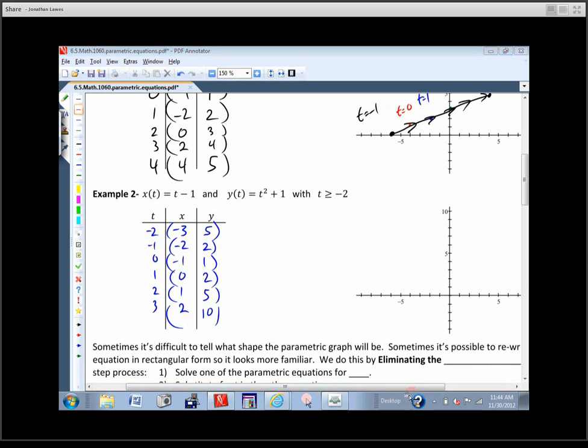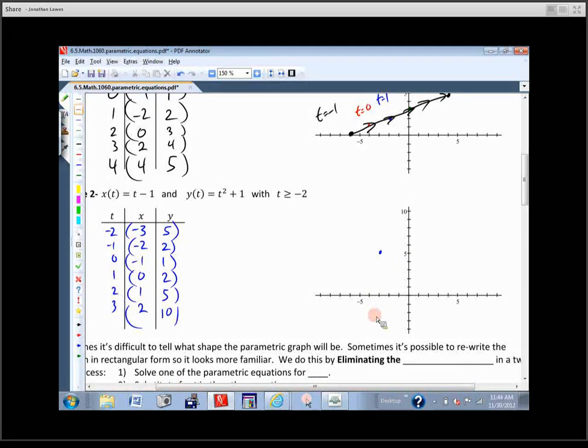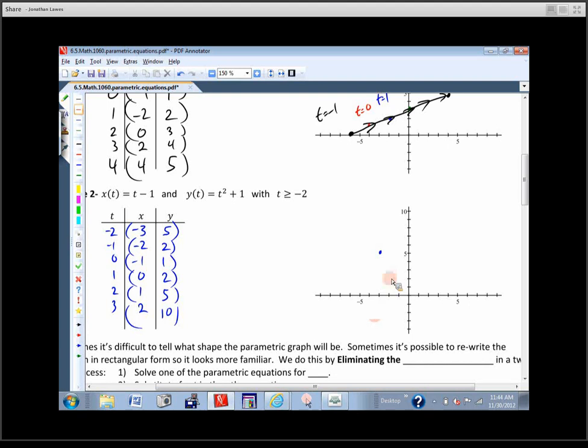So we'll slide over here, and we're going to graph -3, 5. So we'd be right here. This is our starting point, our initial point. And then -2, 2. -1, 1. Let's see, 0, 2, 1, 5, and 2, 10. Now it started here and it went like this, so when I draw this graph I can include the orientation.